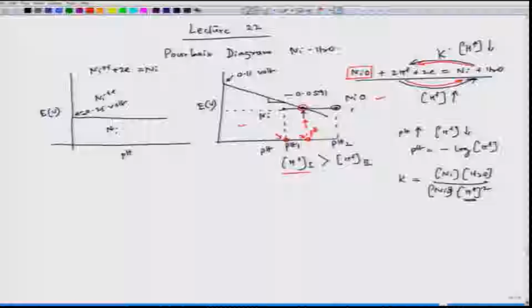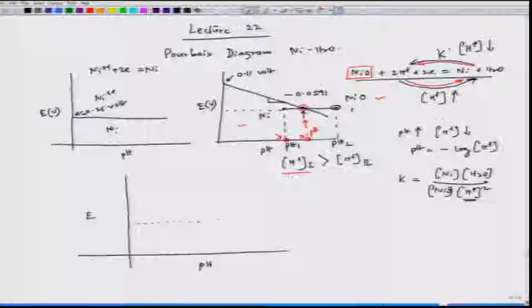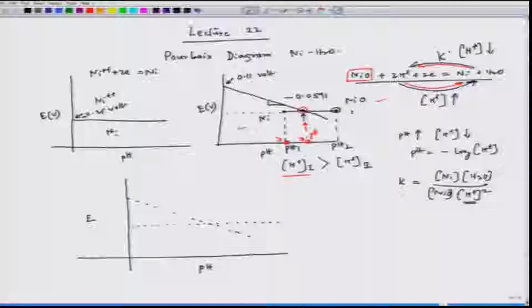Now, can we combine these two? Definitely we can combine. Once we combine, let us see what situation is arising. So, this is E, this is pH. First draw a dotted line, and then we have this. Now we can have two different colors.